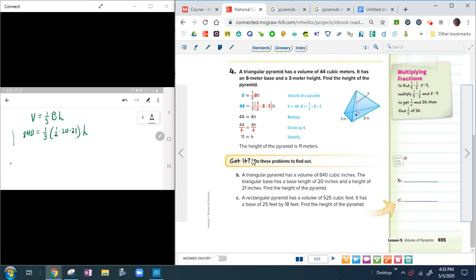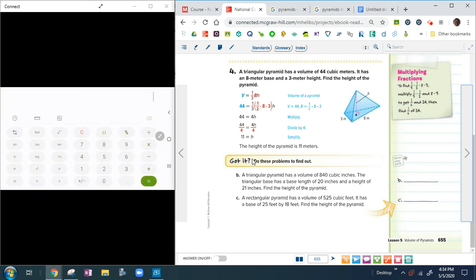Now, they've given us nice numbers again. Since all of the operations are just multiplication in this whole formula, I can use the commutative property and associative property to move the numbers around to fit my needs. So I know that this is going to equal 10. I know that these two, 1/3 of 21, is going to be 7. So I get 840 equals 7 times 10 is 70h.